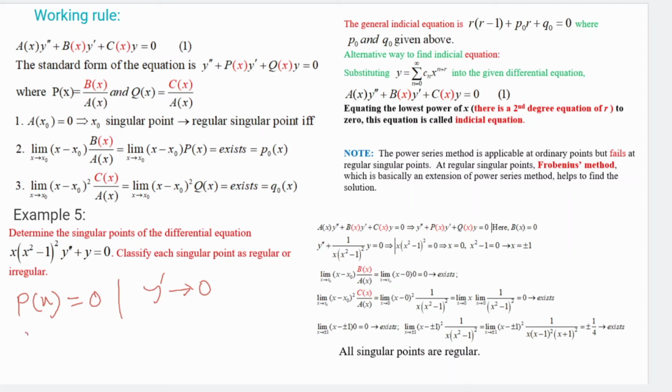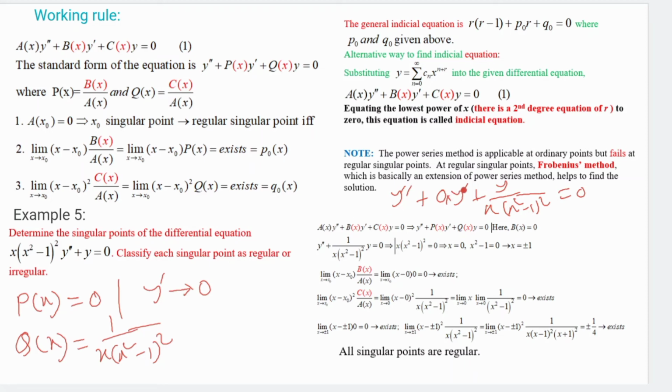That means our q of x is 1 by (x² − 1)², because when we write this equation in standard form, it becomes y double prime plus 0 y prime plus y by (x² − 1)² equals 0.